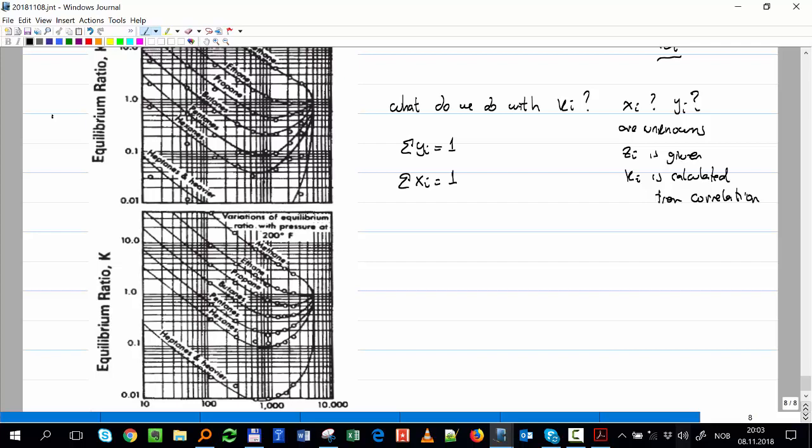How many unknowns do I have? So if I have n components, right? We need xi, so here we have n unknowns, and we need also yi.